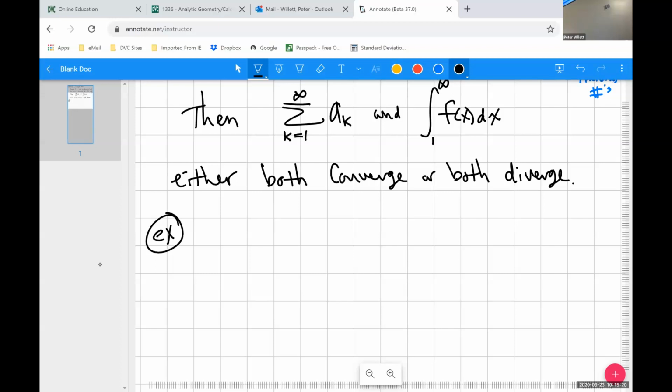So if we look at the harmonic series, we've already have a theorem and we've already concluded that this diverges.